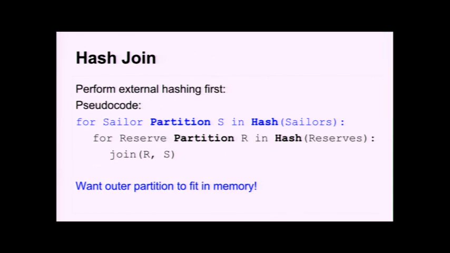Well, we reuse the external hashing algorithm that we talked about earlier. And so now, for each partition of S, we're going to look at each partition of R, and we're going to join each of these partitions. And since we use a hashing algorithm, we can ensure that anything that would be caught by our equality predicate will be matched to the same partition.